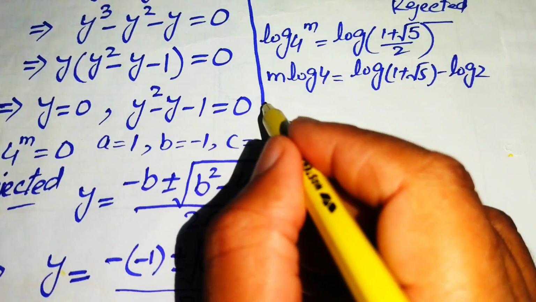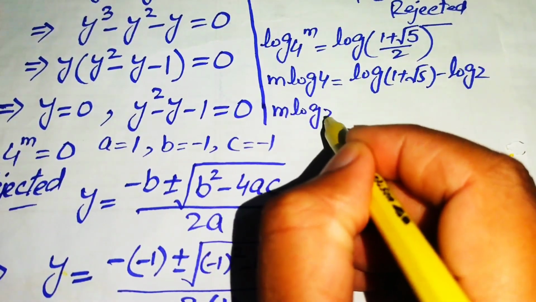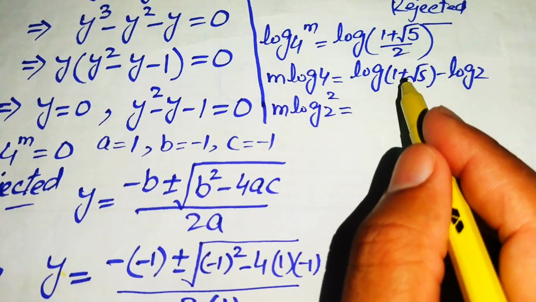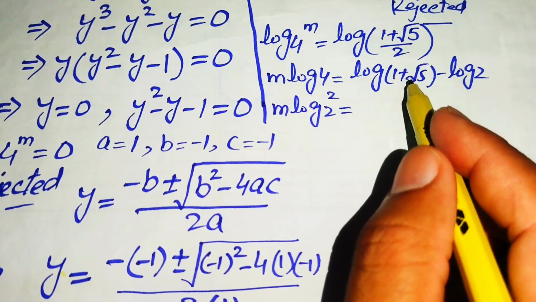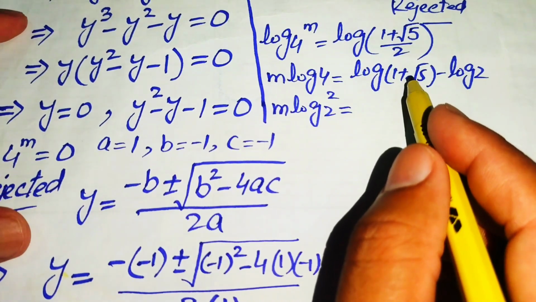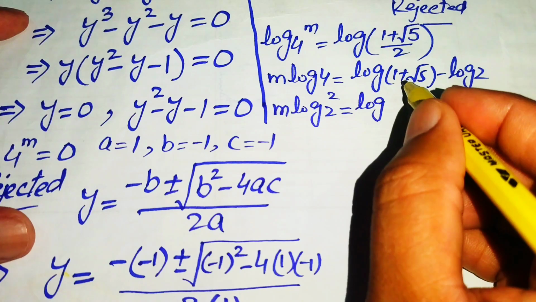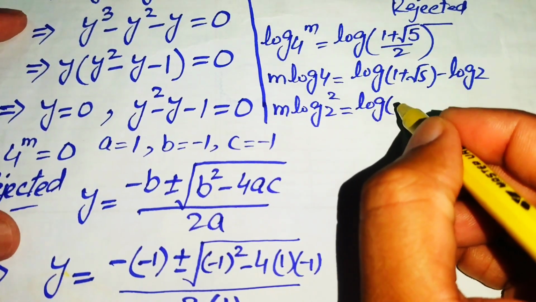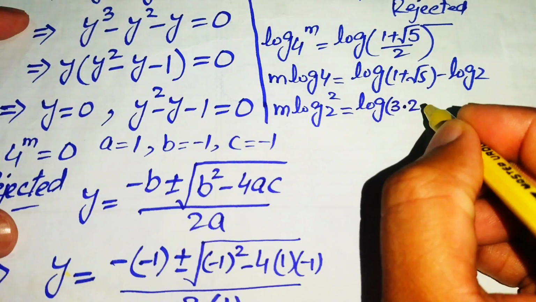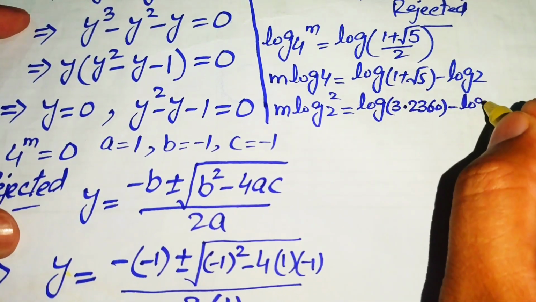So here we write this 4 as 2 squared, so it will be written as log of 2 squared equals to, we have the value of 1 plus square root of 5. We know that 1 plus square root of 5 in decimal form is 3.236, minus log 2.